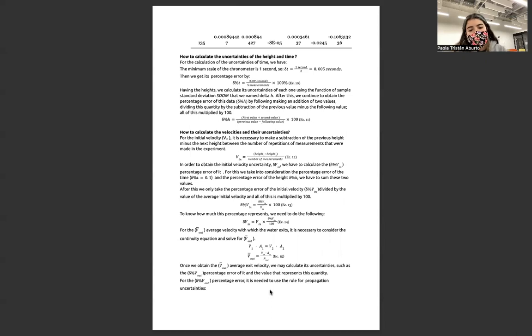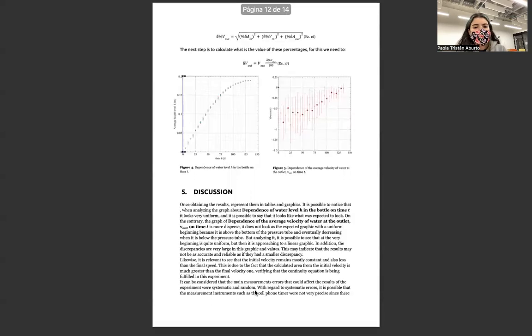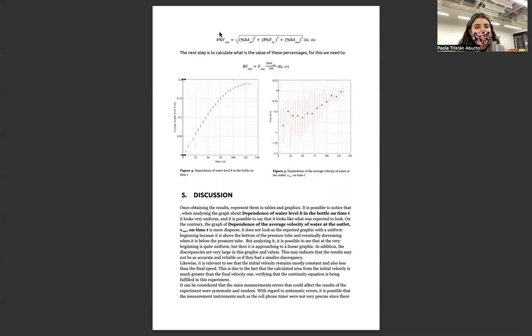Well, how much it represents this percentage of this quantity. So we have to apply the propagation of uncertainties, which is this rule. It is the square root of the different percentage uncertainties of the area in squared, plus the percentage of the velocity in squared, and finally the percentage error of the area out, and also it is squared.